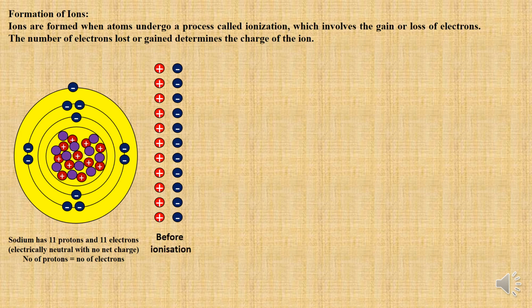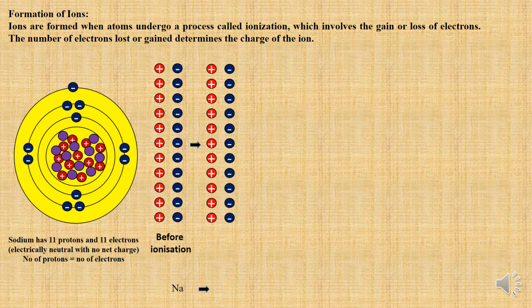So this is before ionization. Now let's see what happens to the sodium in the elemental form after ionization. During ionization, it loses the outermost valence electron. So this is what happens after ionization.